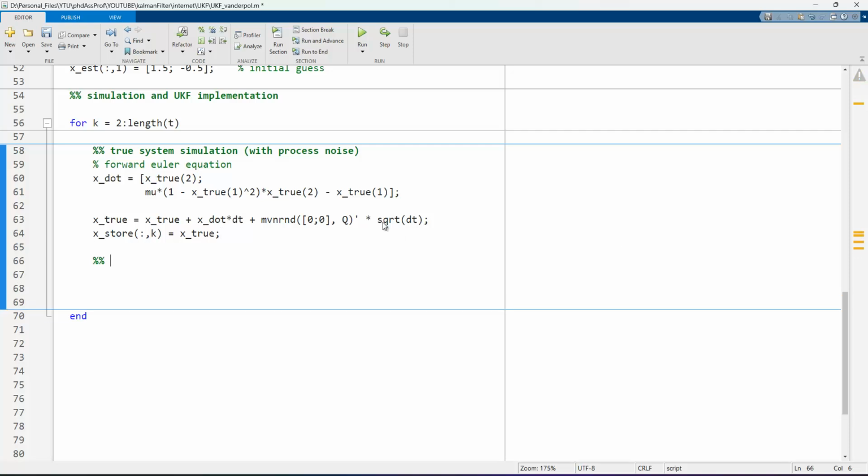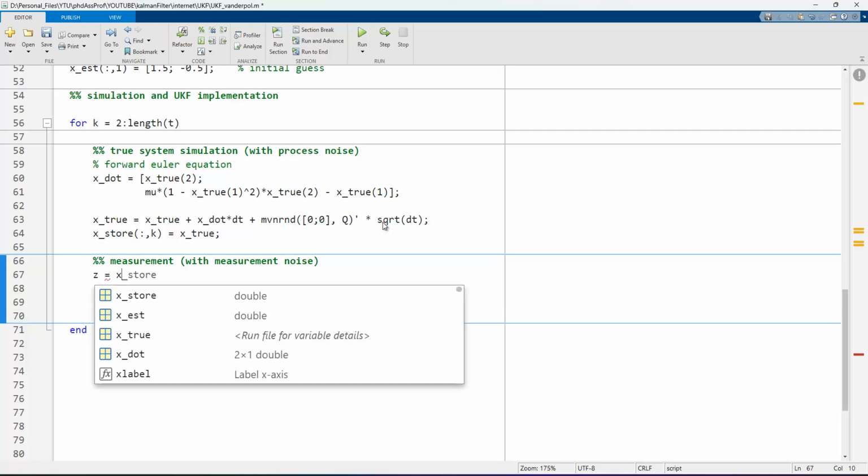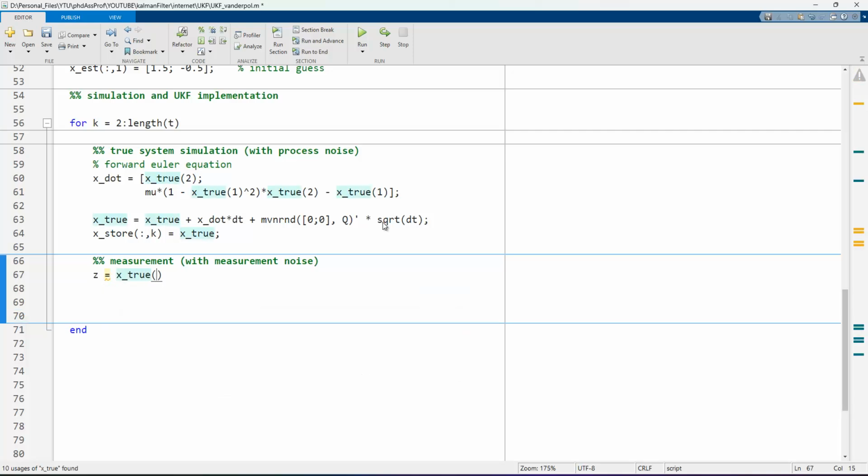After that we need to build the measurement with measurement noise. It's coming from measuring this data, for example, the ADC unit or the pressure sensor converting to the digitization process, okay? And Z equals X through 1, because we only measure the position values, okay?